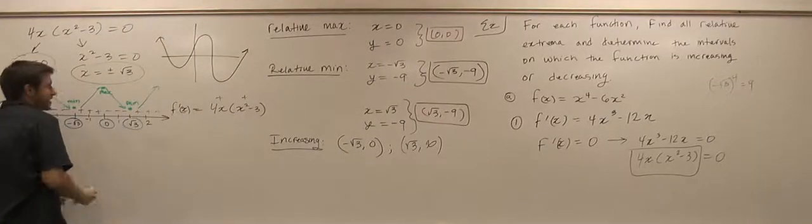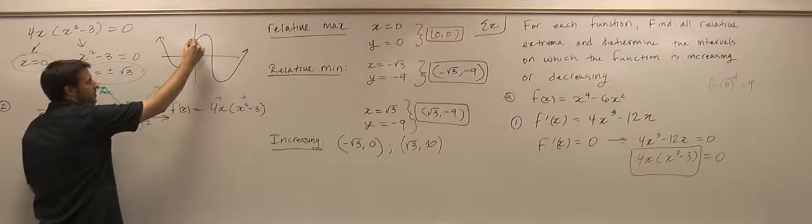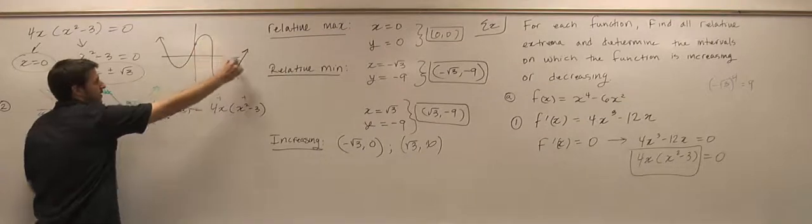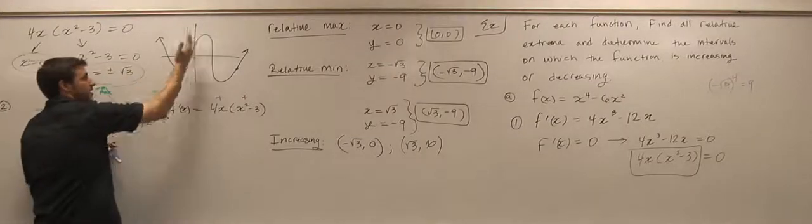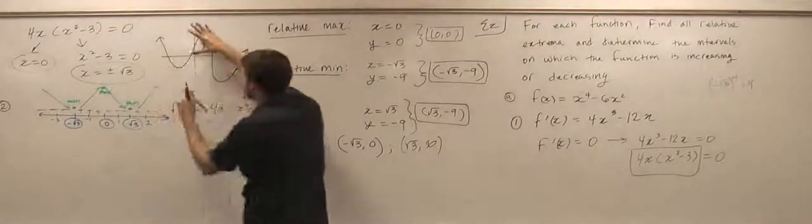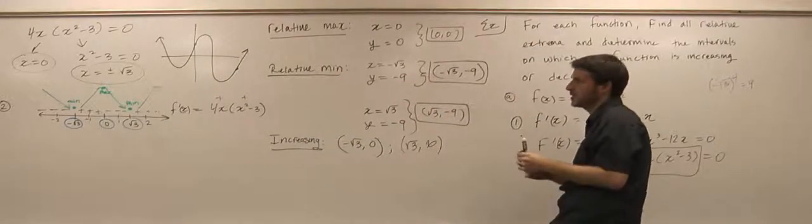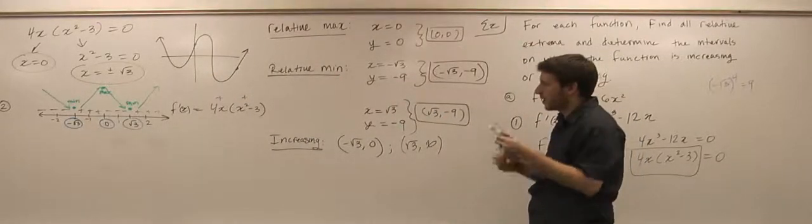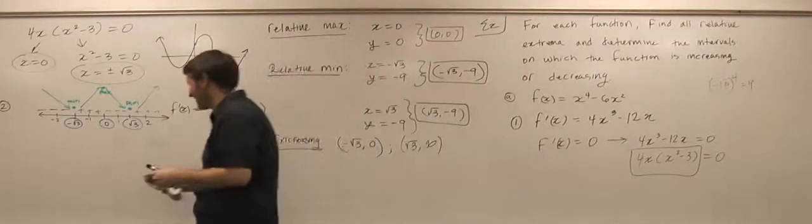Increasing says that you're always going up as you move left to right. So if you put a union, that would be saying that from here to here, you've increased. But you haven't because you stopped increasing here. Because the increasing is confined just to that interval, it's not technically correct to put a union. I don't technically care.